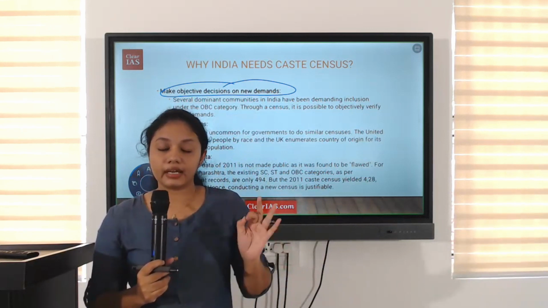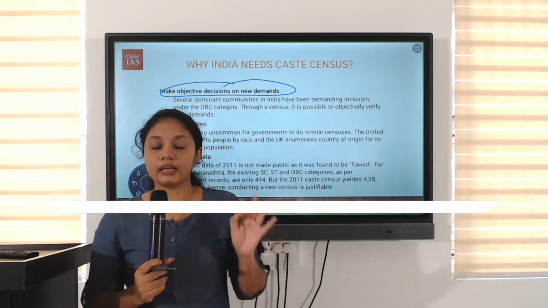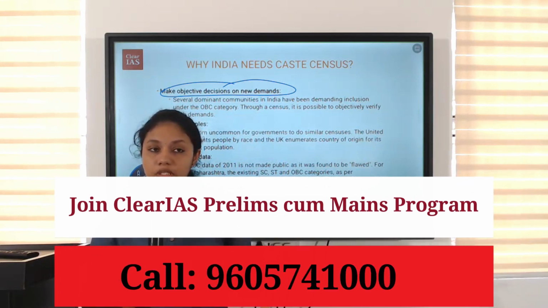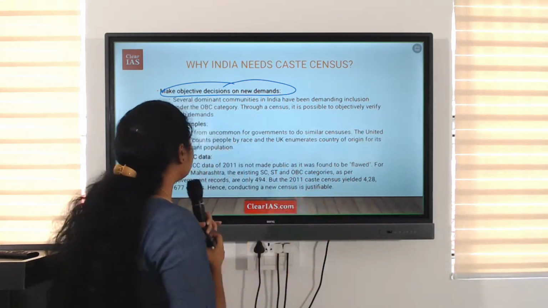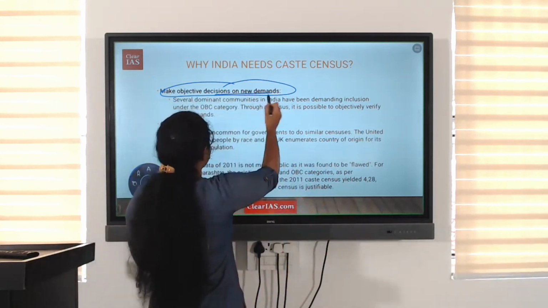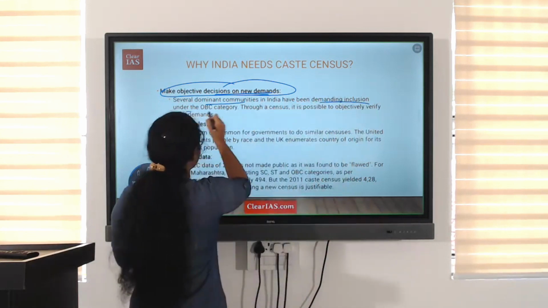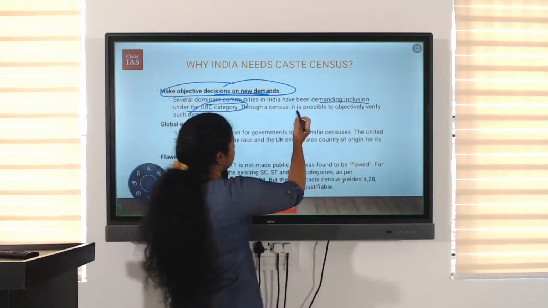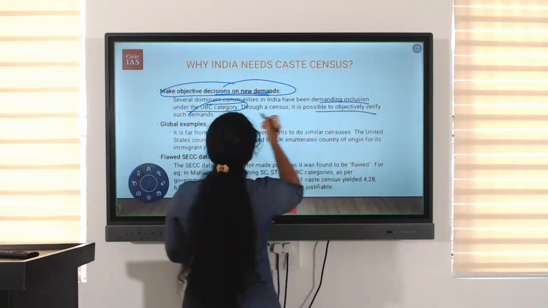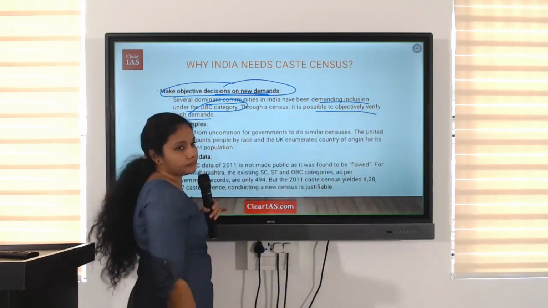If we have the correct data, only then can we say whether this community needs reservation or not. Several dominant communities in India have been demanding inclusion under the OBC category. So through a census, it is possible to objectively verify such demands.